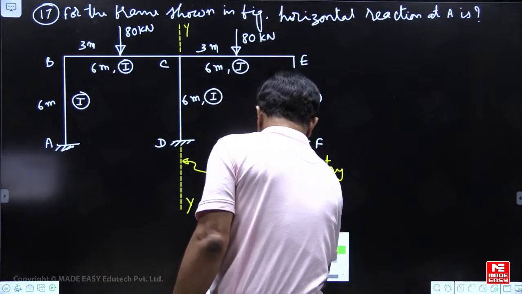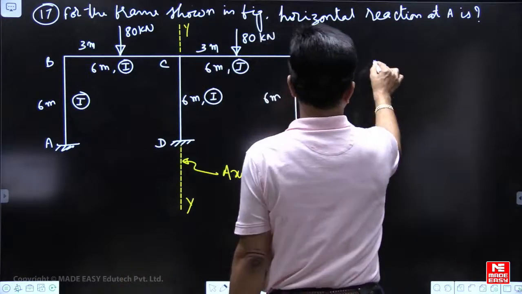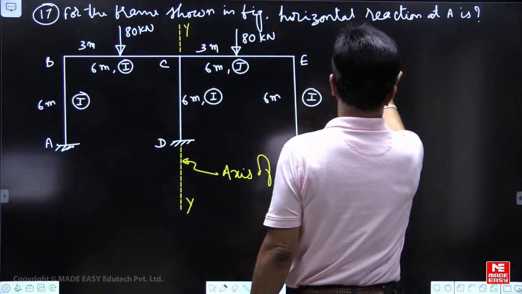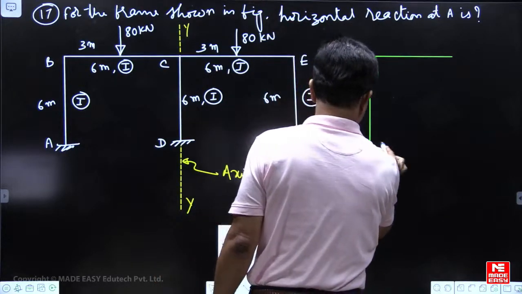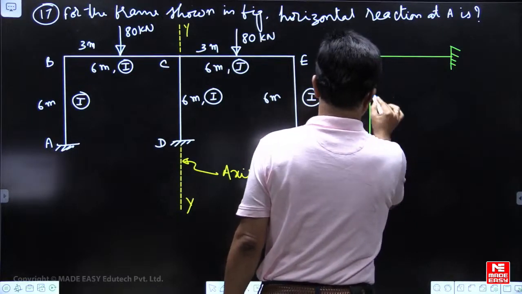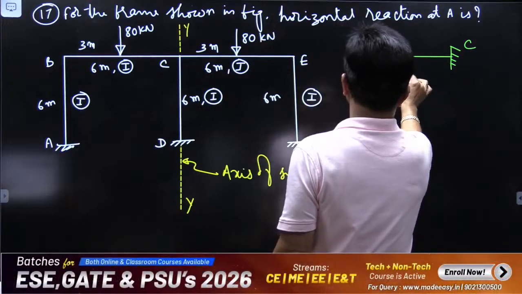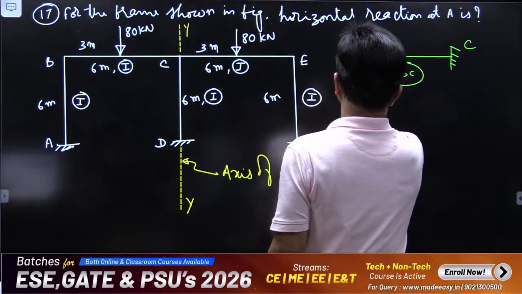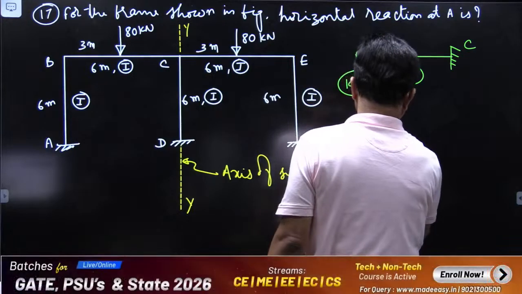So you must take the imaginary frame only this much. No question of taking ABC. This KBC as is we will take it. This is your imaginary frame.